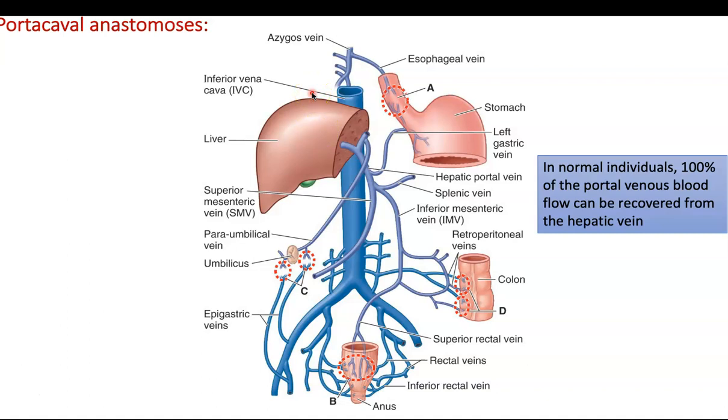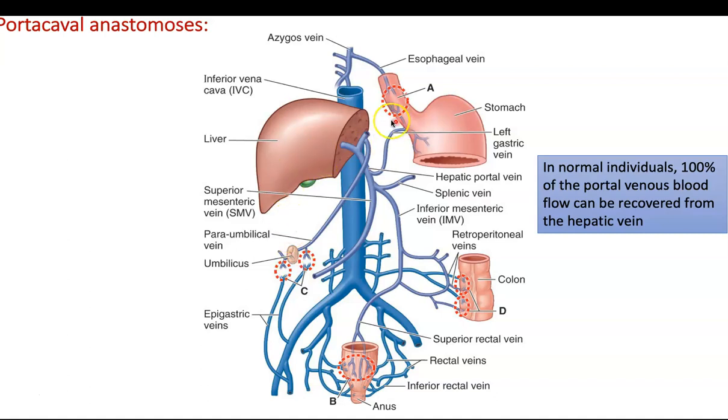Okay, so if that happens, the blood in the portal circulation will try to find some alternate routes to return to the systemic circulation, right? So these anastomotic channels will now be a new route for the portal blood to be transferred to the systemic circulation, right?